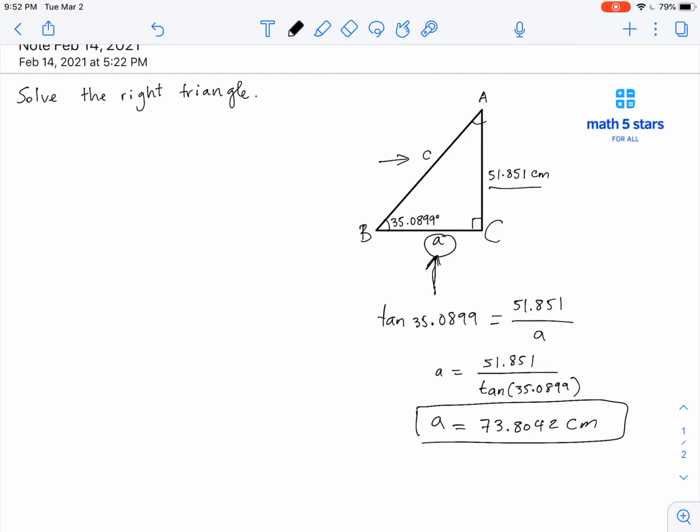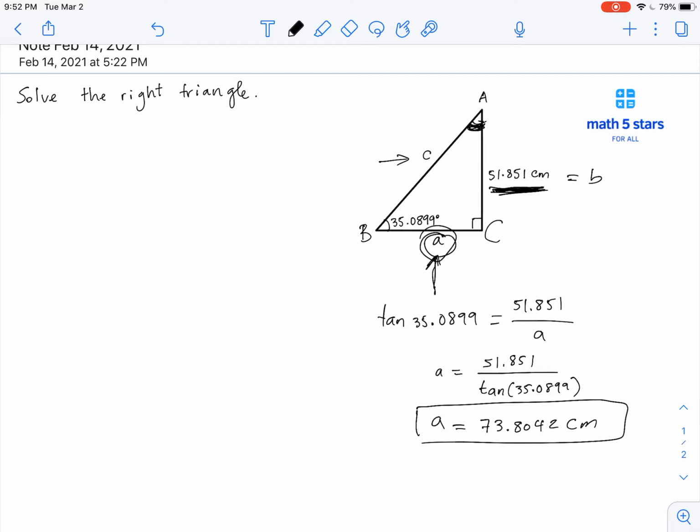Now this is your B, and I'm going to find this angle using the tangent again. With the tangent of this angle, I have the opposite and the adjacent.